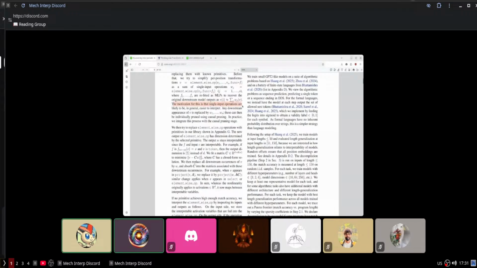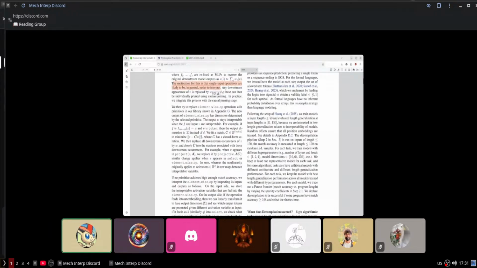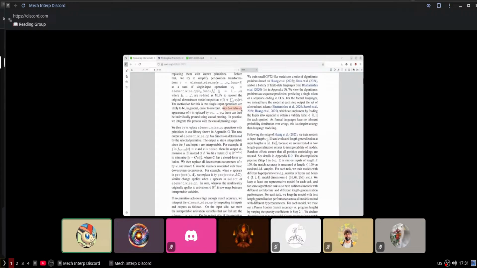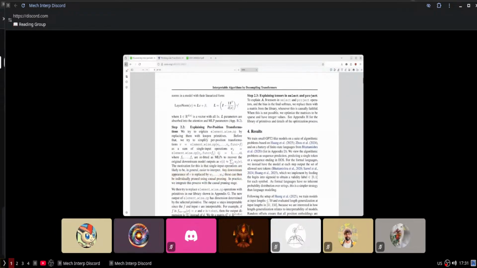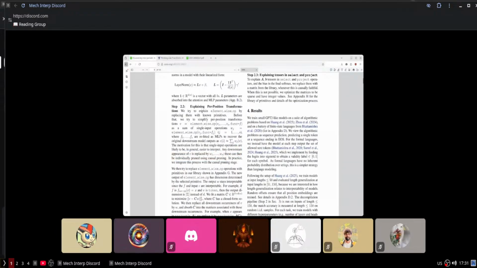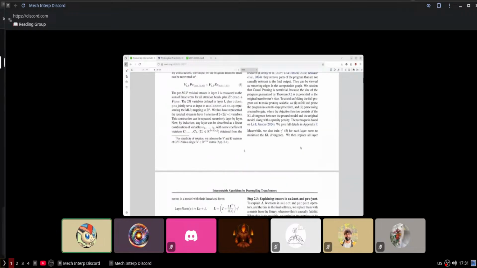The motivation for this, okay. I mean, I think the idea doesn't seem that complicated. Element-wise operation.